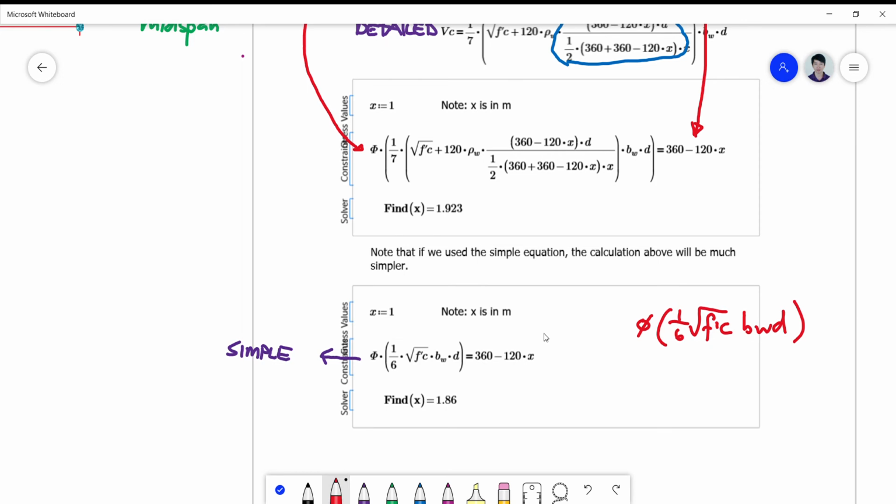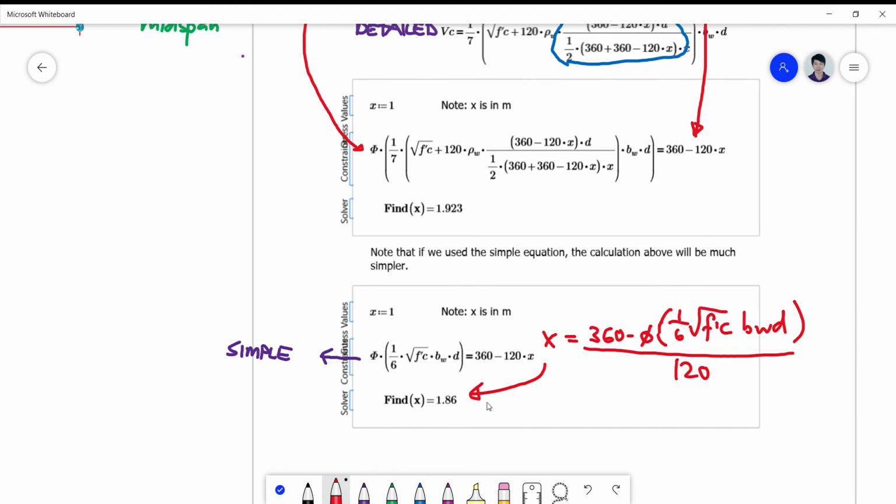So x is equal to 360 minus, divided by 120. Okay, so this is minus p. So you just get this value and you will obtain 1.86.